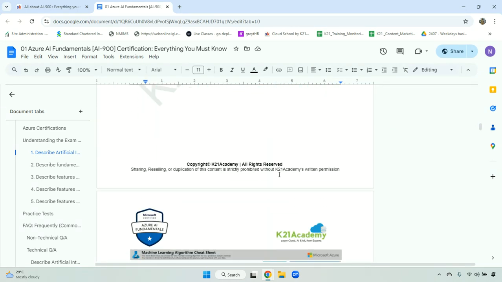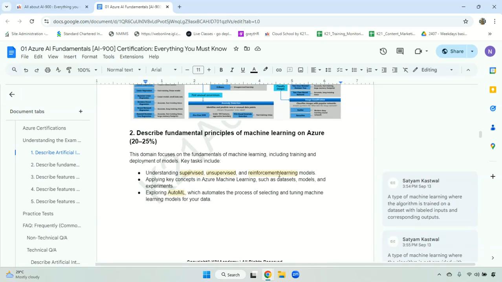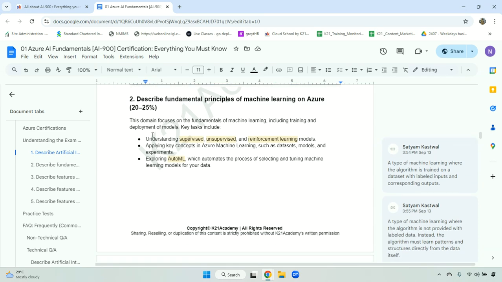Moving to the next part, we have describing the fundamental principles of machine learning on Azure. As I said, it has the highest weightage, which is 20 to 25%. In this domain, you should focus on understanding supervised, unsupervised, and reinforcement learning models, so you should have a very good idea about these 3 models.